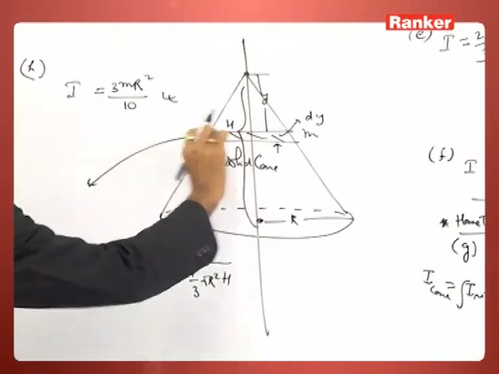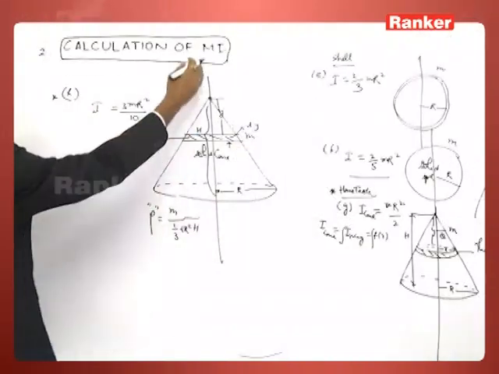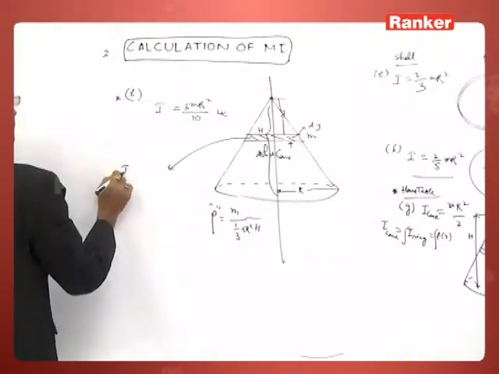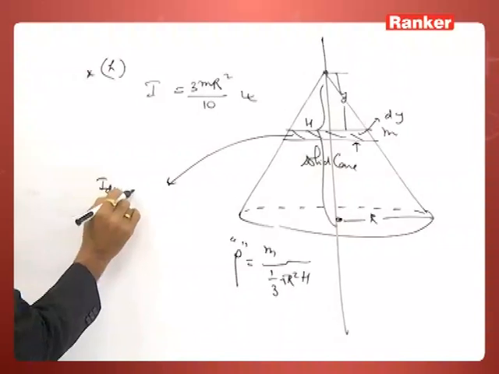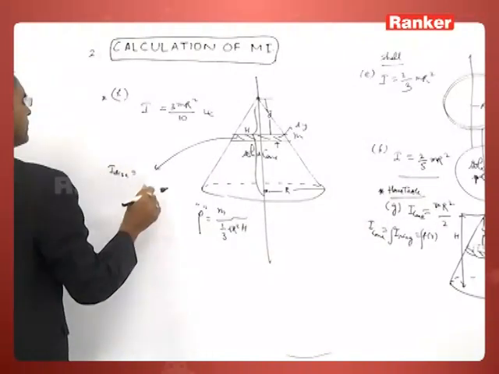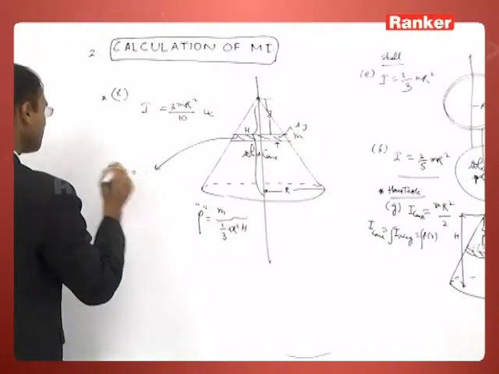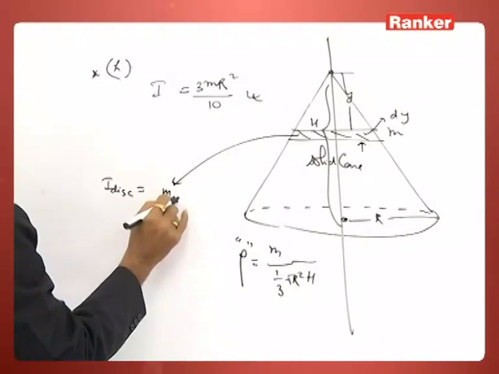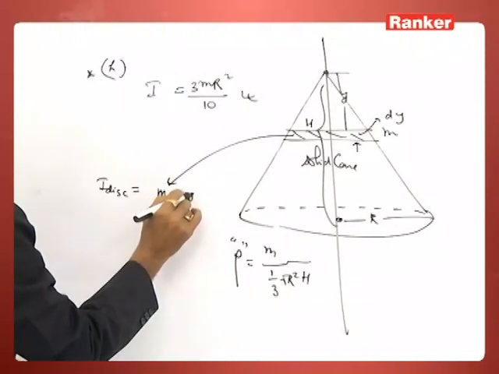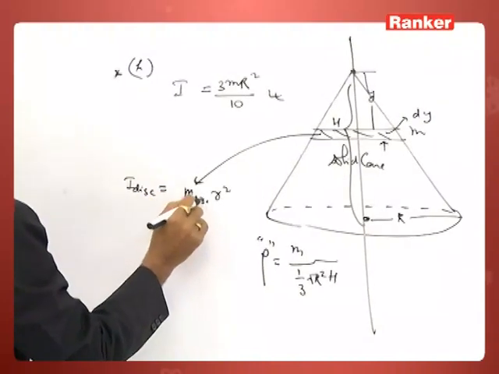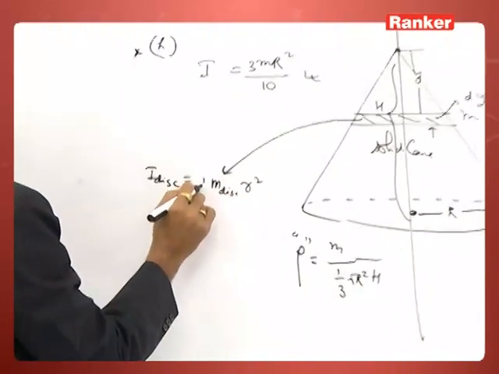Taking this thin disk, its moment of inertia about the perpendicular axis can be calculated by using the formula we have derived in this section. That's equal to mass of the disk into the square of its radius by 2.